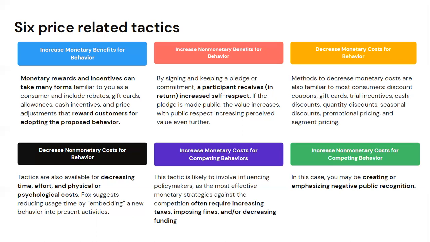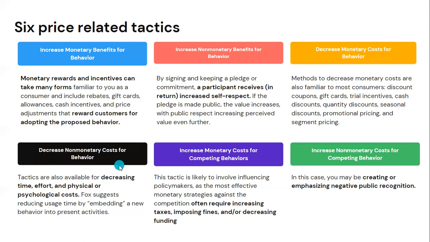So going back to my bank reference, they offer rebates and discounts to their customers who use credit cards. This is an example of decreasing the monetary costs of the target audience in exchange for the desired behavior.